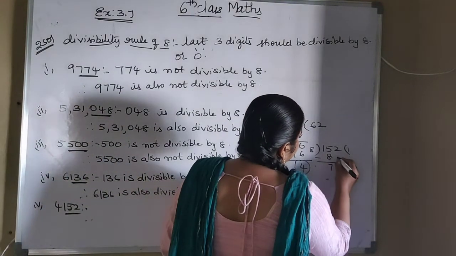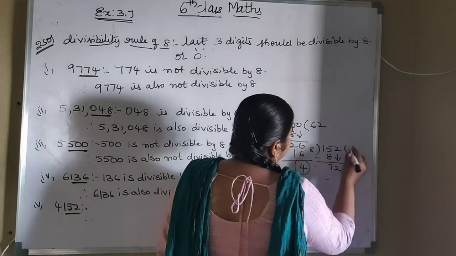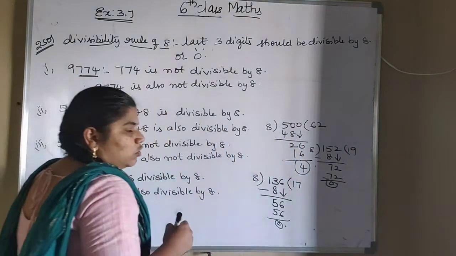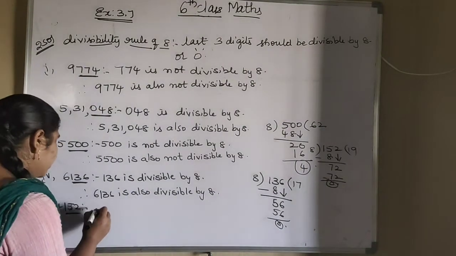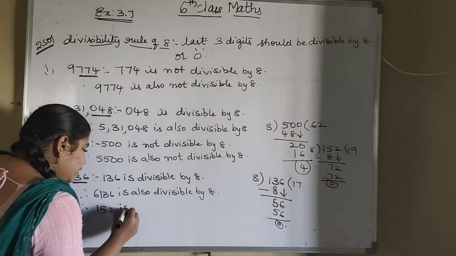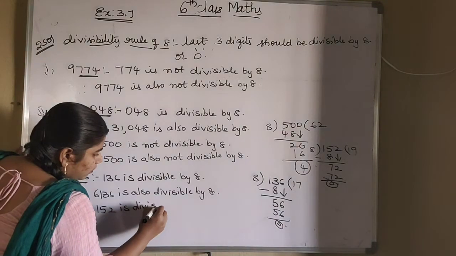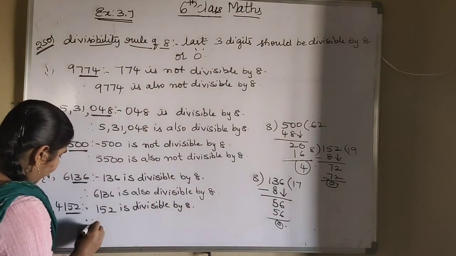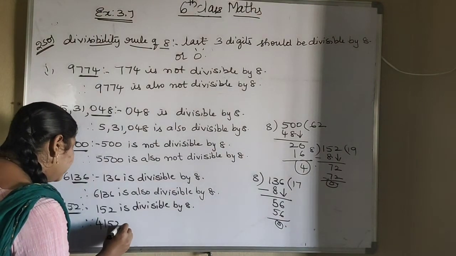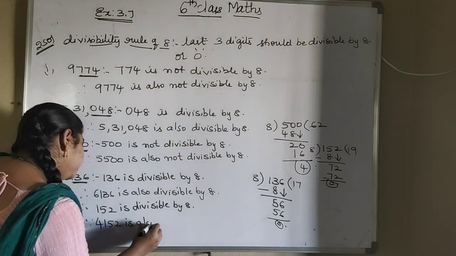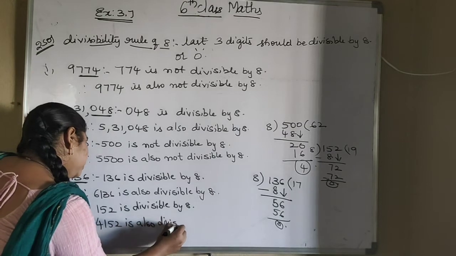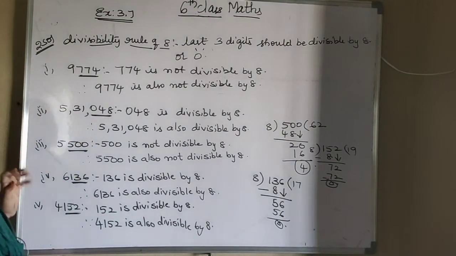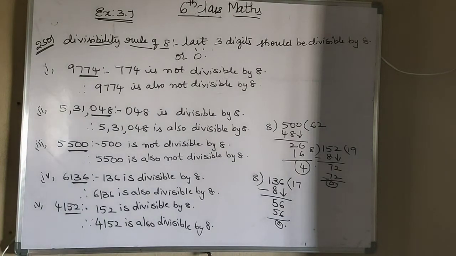So it will be 7, 2. 8 9s are 72. So you got the remainder as 0. That means 152 is divisible by 8. So you can write 4,152 is also divisible by 8. So this is our second solution.